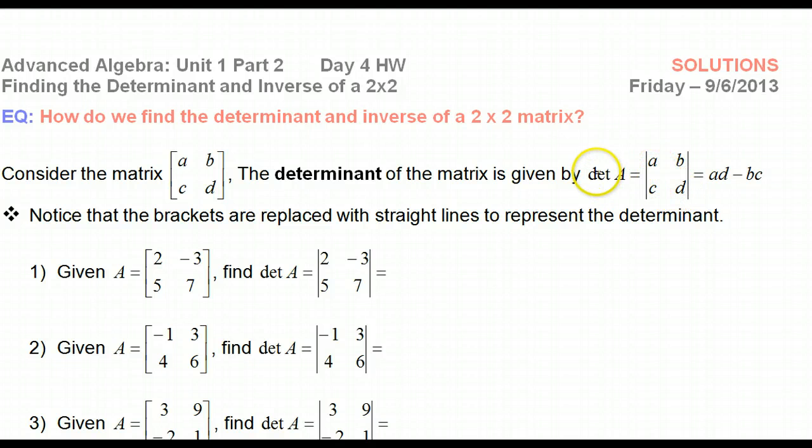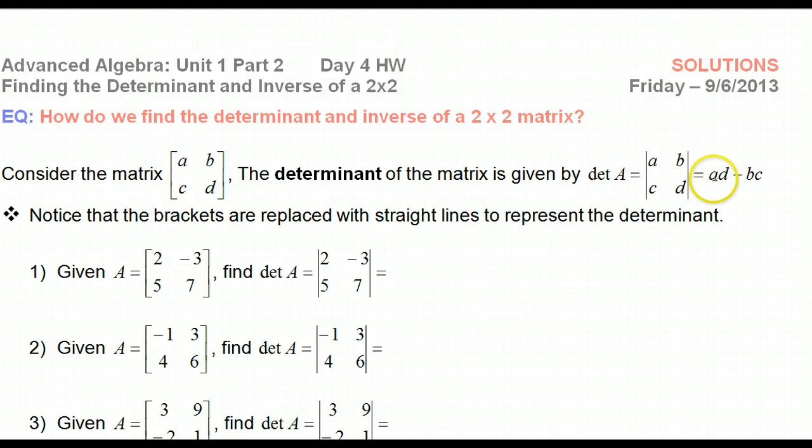So even if we didn't say determinant, if you saw a matrix inside of these things that look like big absolute value, it would still automatically mean determinant. It's understood.